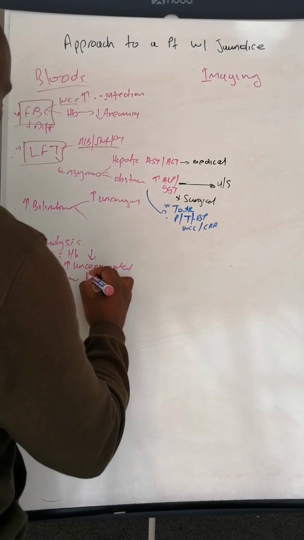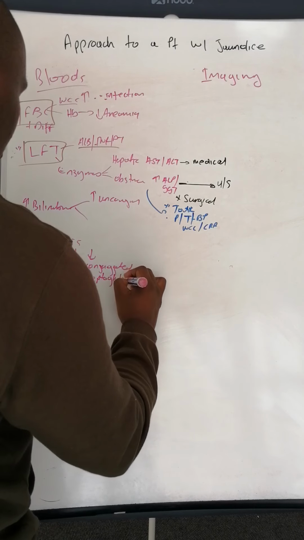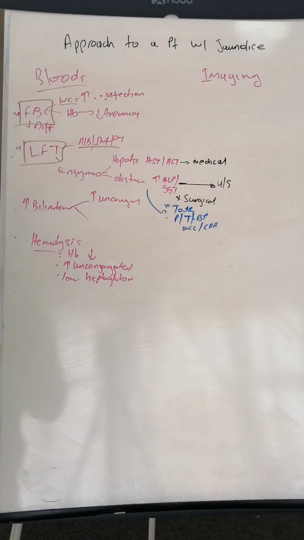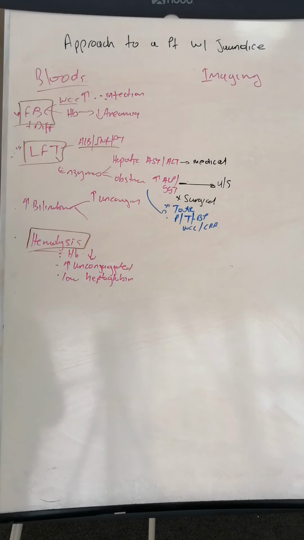A low haptoglobin. So if you have hemolysis, you expect to have a low HB, anemia, number 1. Number 2, we expect to have a very high unconjugated bilirubin as compared to the conjugated. And then you also expect to have a low haptoglobin.